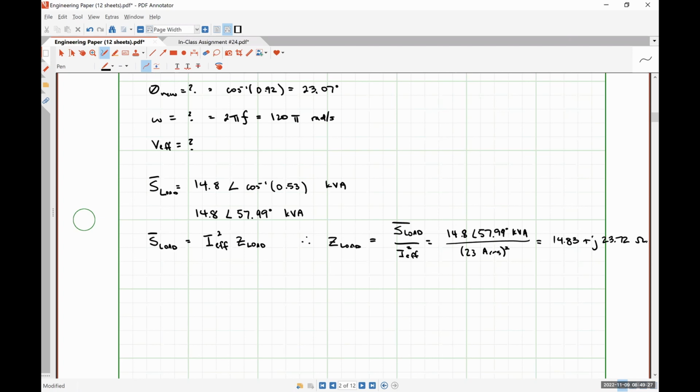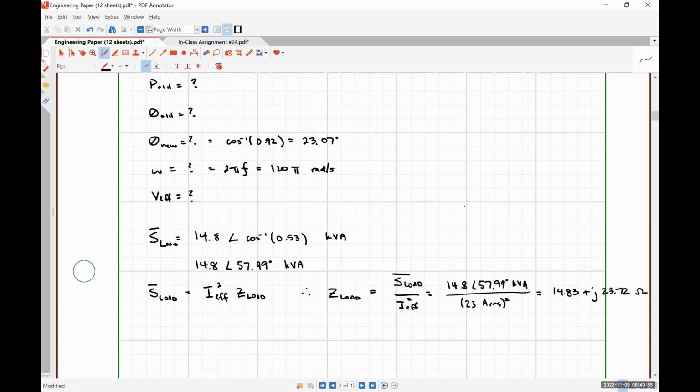I just want to double check things. Yep. Okay. Thank you. That just seemed small to me. That's all it was. All right. So that's the impedance of our load.